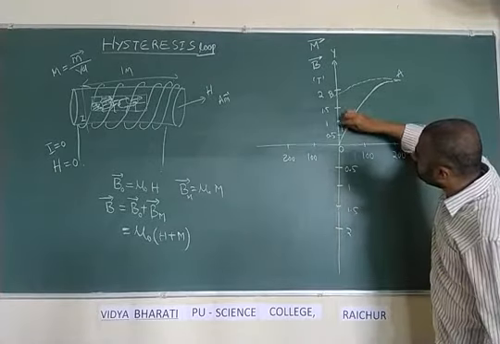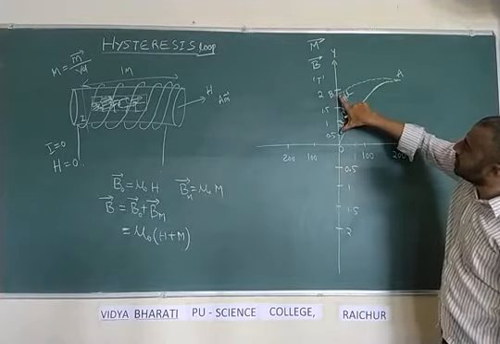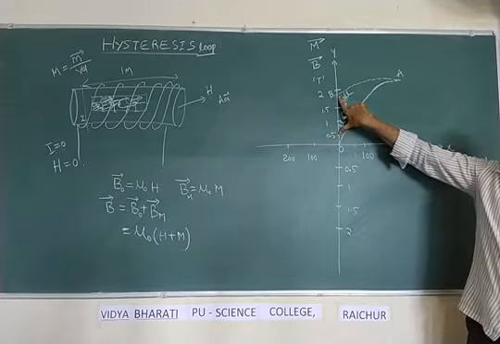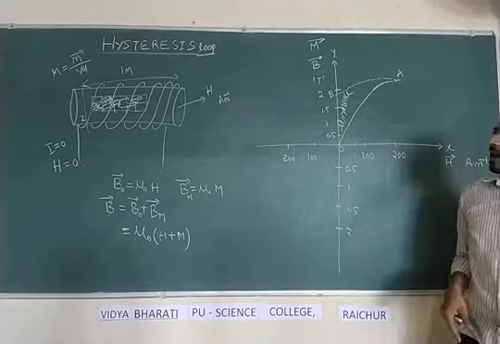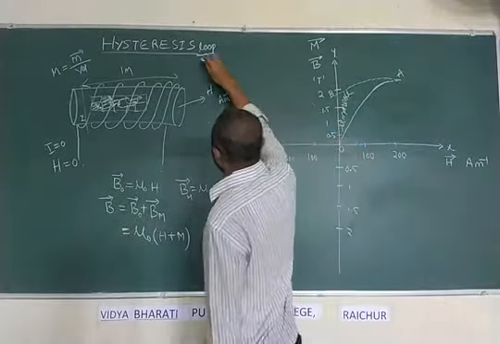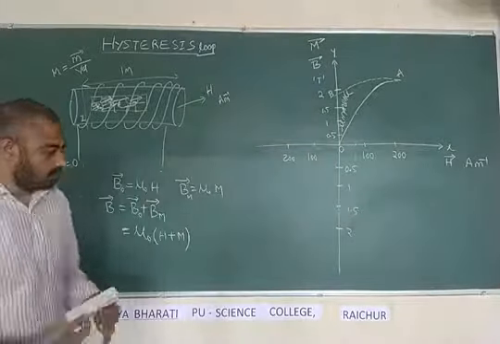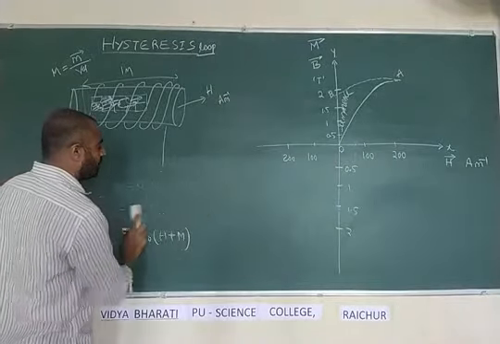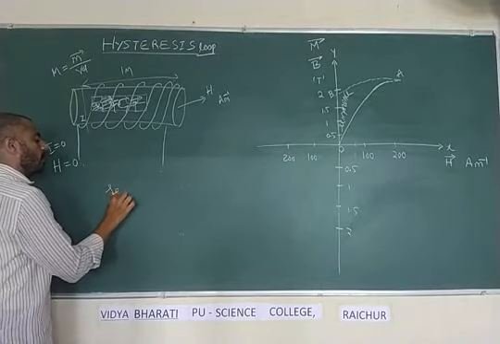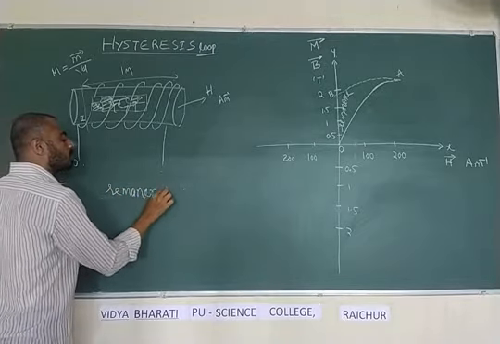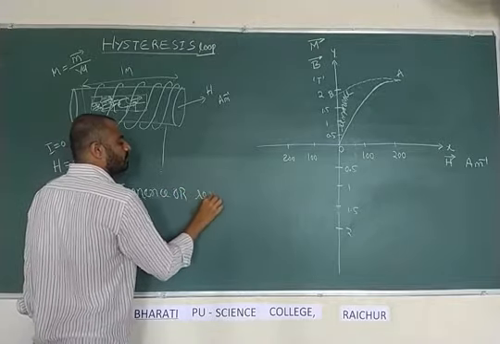Whatever is left inside the material is called remanence, or we can say residual magnetism, because it is left even after making the magnetizing field intensity 0. The remanence, or residual magnetism.